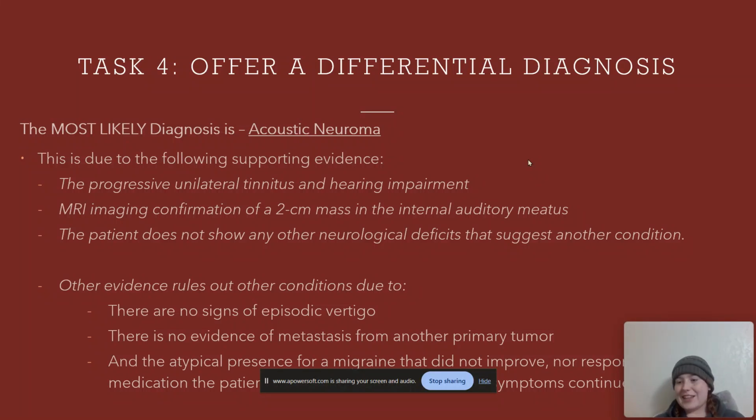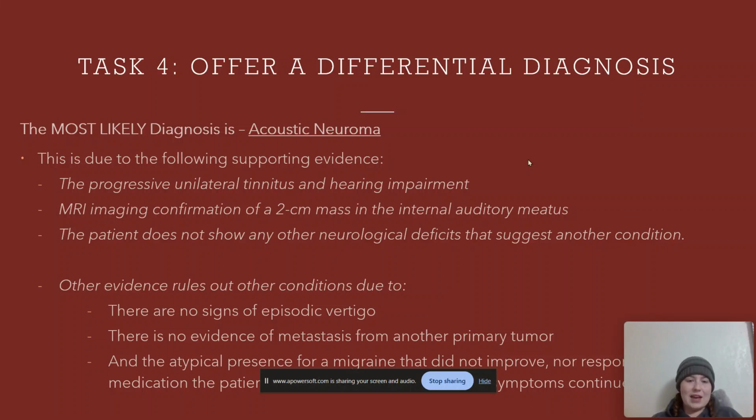And then obviously, like we had said in the previous slides, the MRI imaging of the 2 centimeter mass on the internal auditory meatus. And then also, the patient didn't show any other neurological defects that suggested that he had another condition. Some rule outs for this condition were due to the fact that he didn't have any signs of an episodic vertigo.